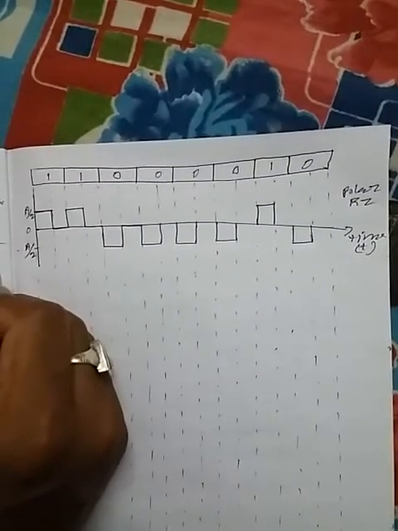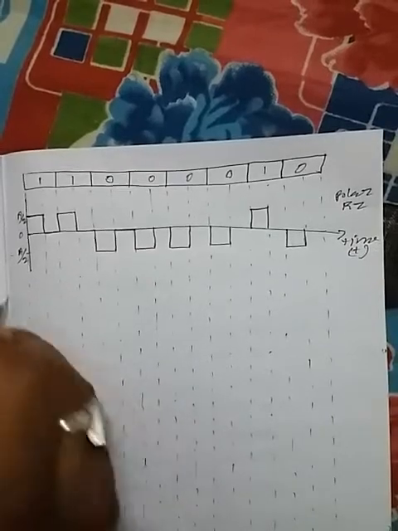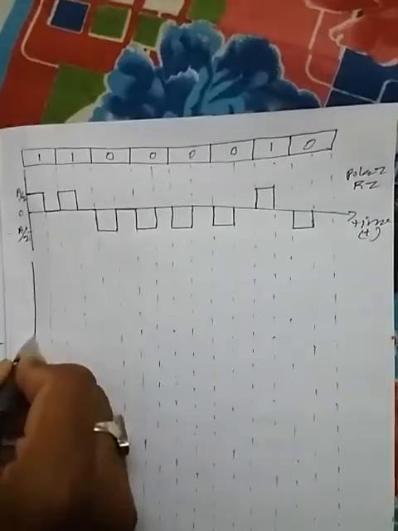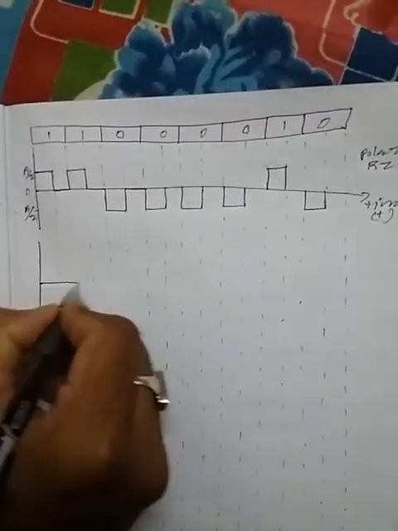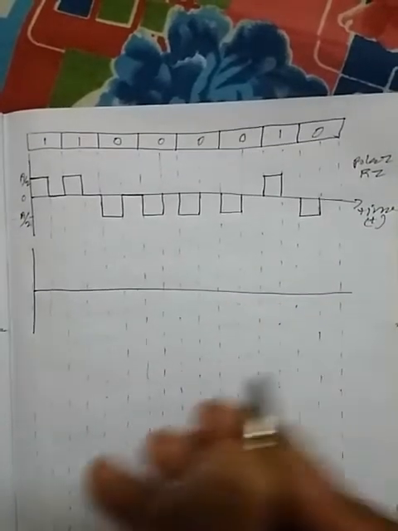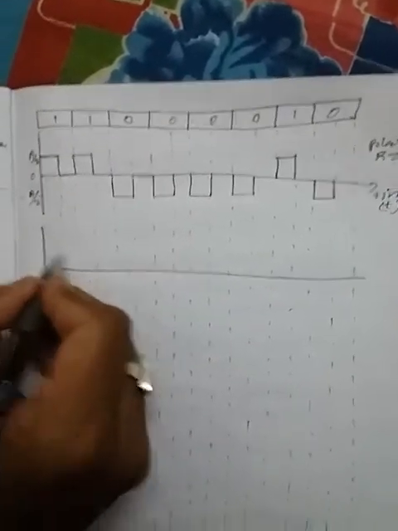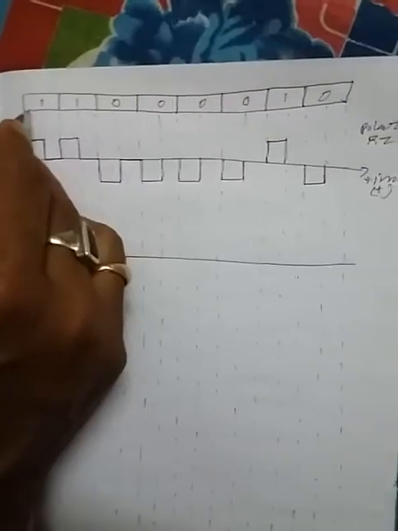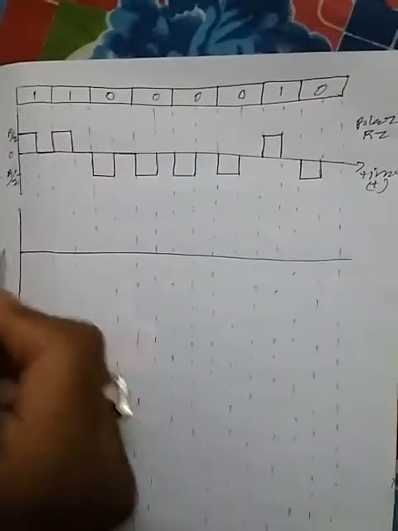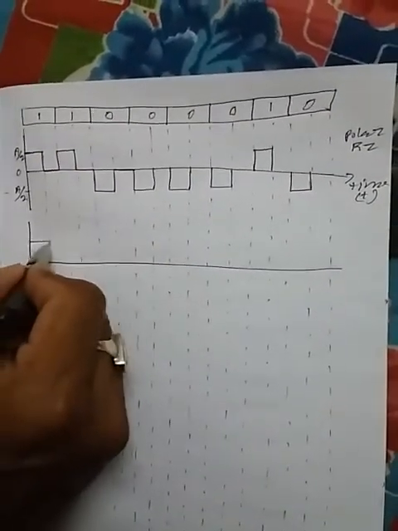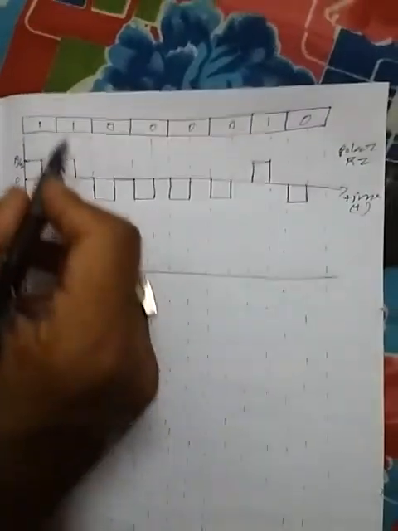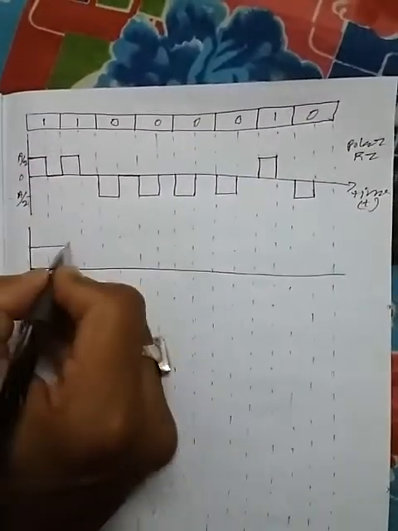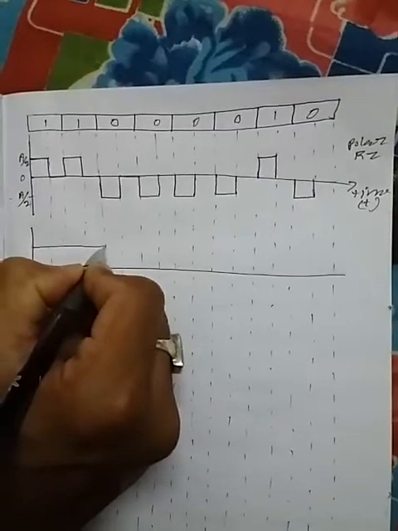Okay, now what will be the waveform for polar non-return to zero type? For bit 1 it will be high, up to this portion. Again the next bit is 1, so it continues up to this portion.